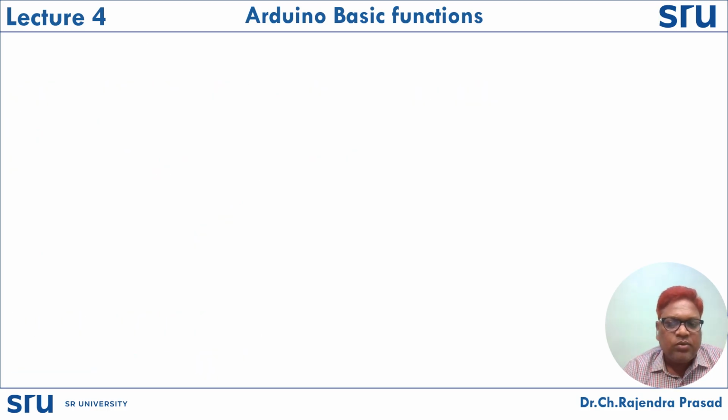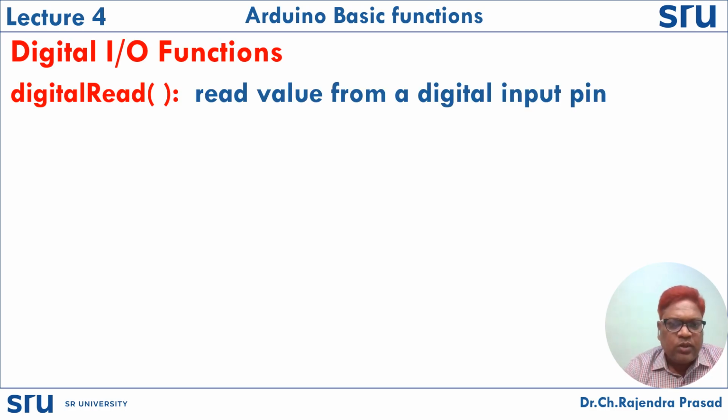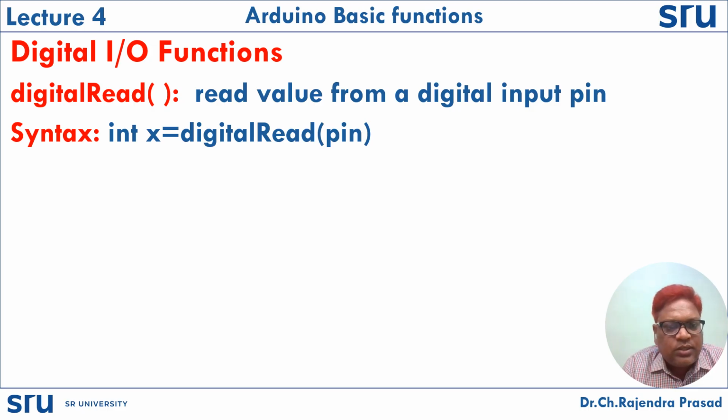One more digital I/O function is digitalRead. This digitalRead function reads a value from a digital input pin. From any digital input pin, if you want to read any data, we need to use the digitalRead function.